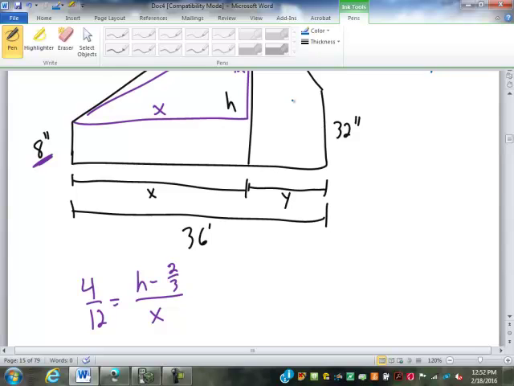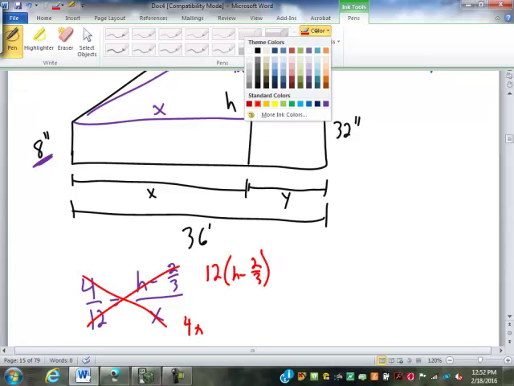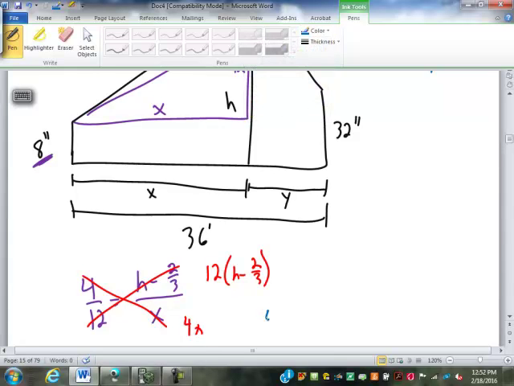4 and 16. So if I cross multiply here, 4 times x is 4x. 12 times h minus 2/3. So that's going to give me 4x equals 12 times h is 12h. Negative 2/3 times 12 is a negative 8.